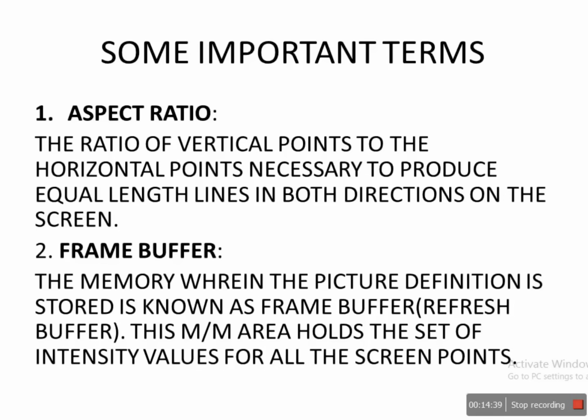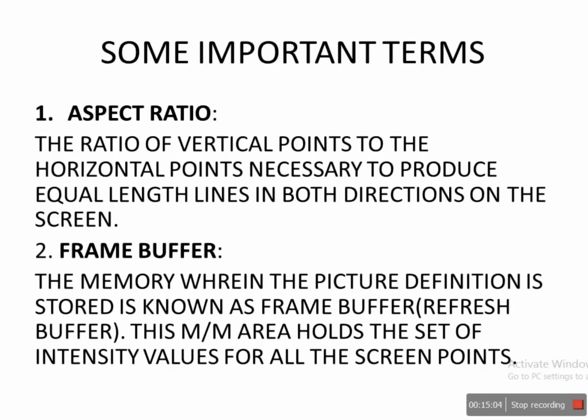The next important term is frame buffer. The memory wherein the picture definition is stored is known as frame buffer, or refresh buffer also. This memory area holds the set of intensity values for the screen points. Just like I told you, we illuminate different points on the screen to display an image. It's not actually an image.